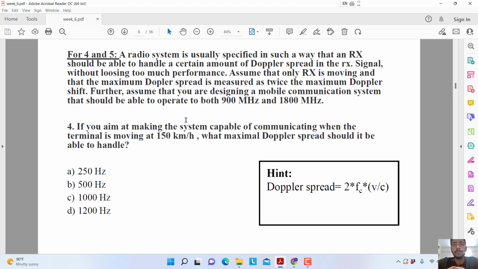So V is given. To calculate Doppler spread, we have to know fc, V, and c. V is 150 km per hour. c, you know that. Get the value of fc and try to calculate the Doppler spread.